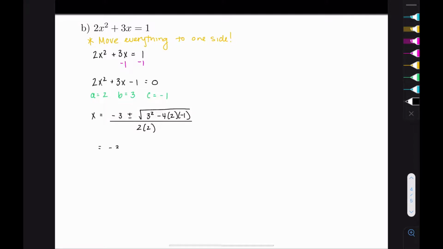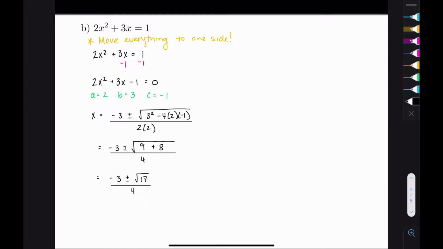So this gives us negative 3 plus or minus the square root of 9, and then negative 4 times 2 times negative 1 gives us plus 8. And then we have 4 in the bottom. So this is negative 3 plus or minus the square root of 17 over 4.